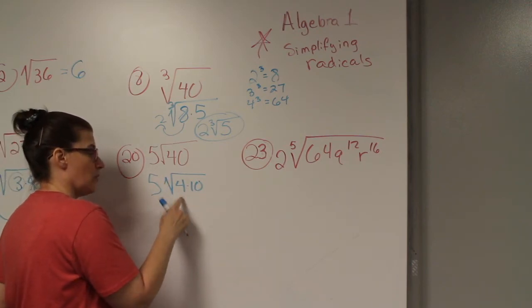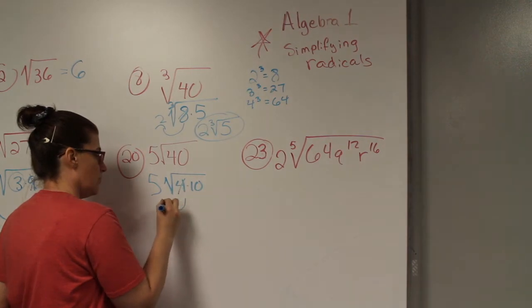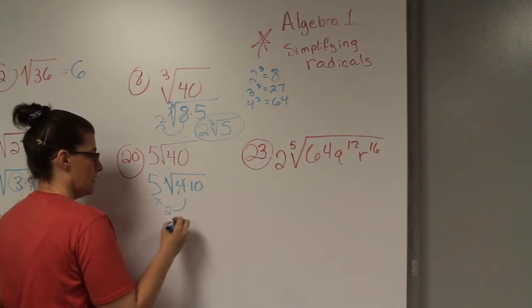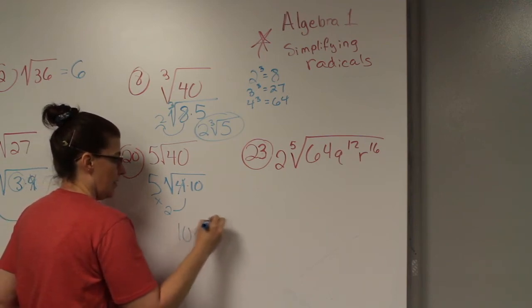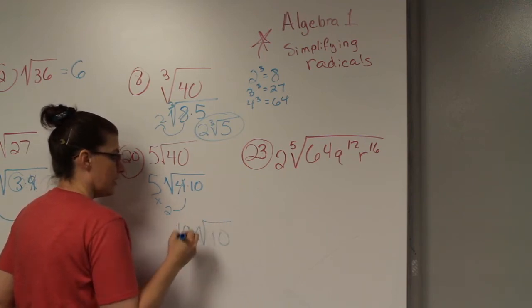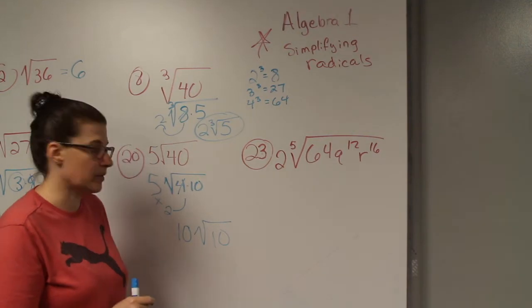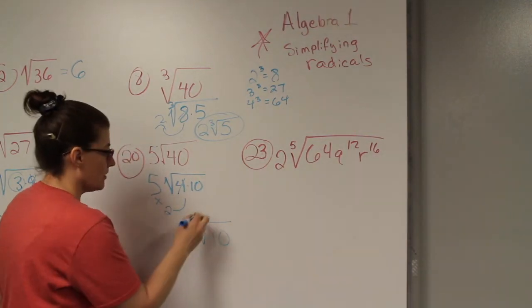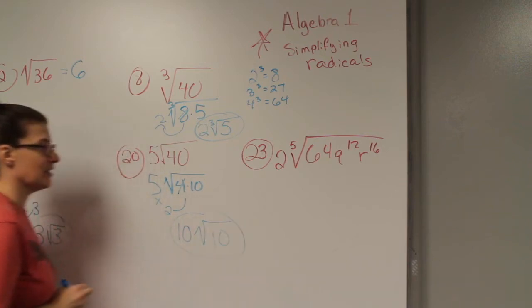There's a square root of 4, that's a 2. It comes out here and it gets multiplied here. So 2 times 5 is 10, and I have a 10 left in there. Can I break it down any further? The only thing I can multiply to get 10 is 2 and 5. None of them are a perfect square, so this is the answer, and I'll leave it alone.